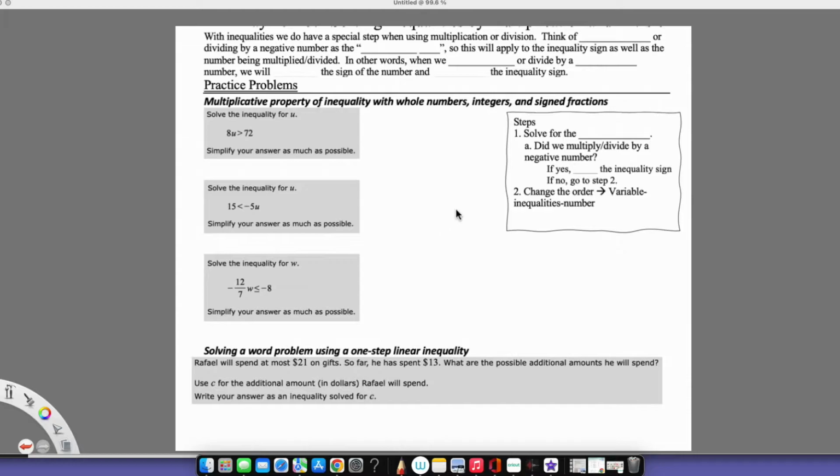So one thing that we can think of when we're multiplying or dividing by a negative number is that it means the opposite of.